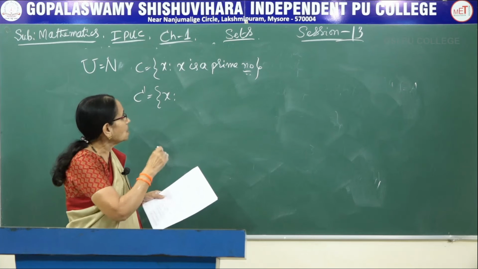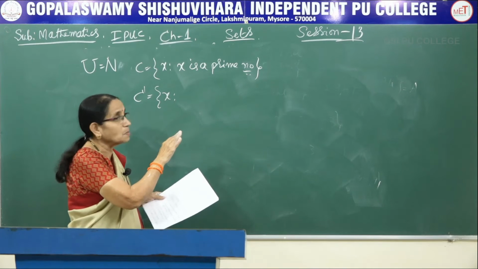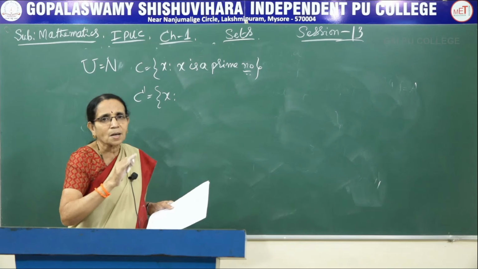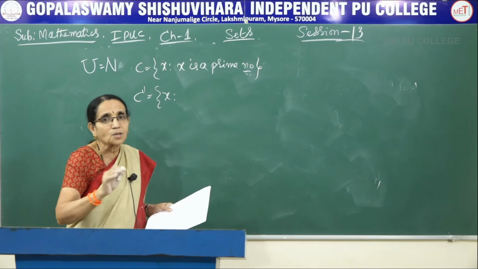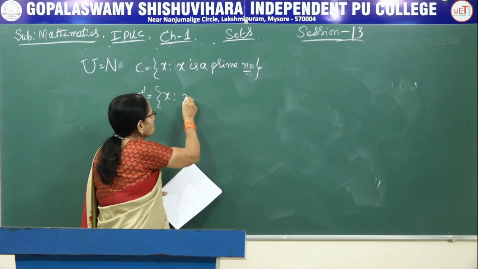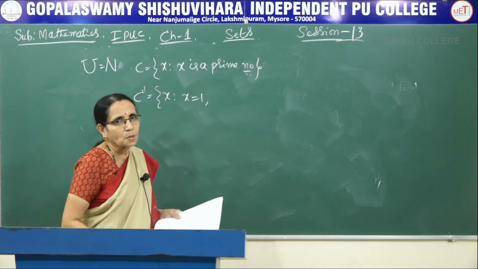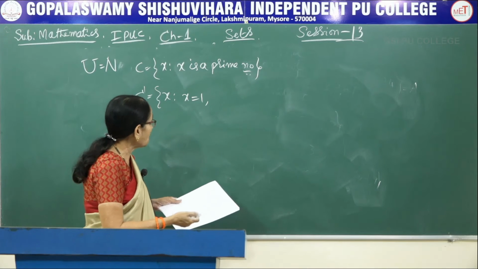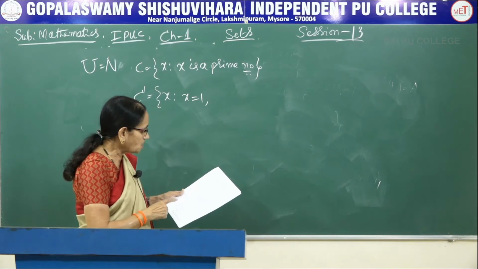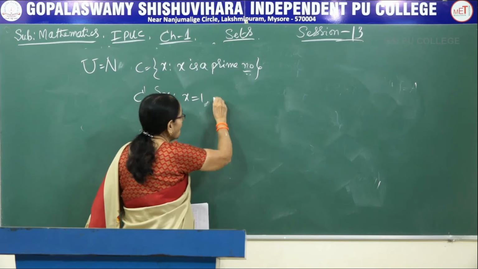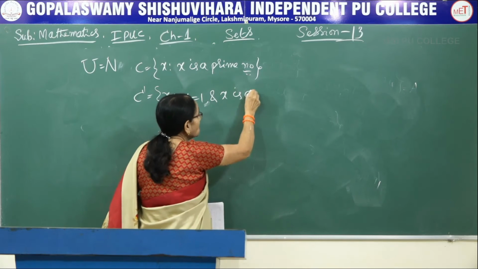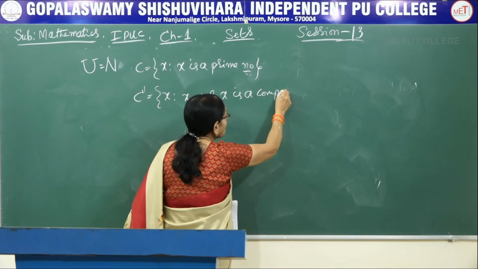So here, all the remaining numbers are prime numbers. We are considering a set C containing only the prime numbers. So it starts with 2. So complement means x would be equal to 1. 1 would be there because it is neither prime nor composite. Now x is equal to 1 and then you write x is a composite number.